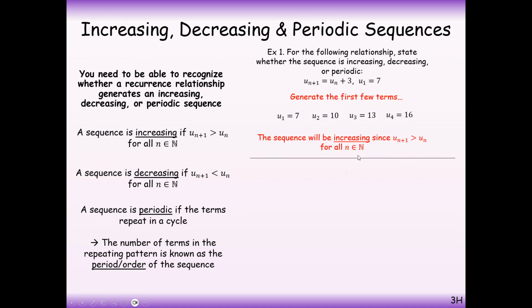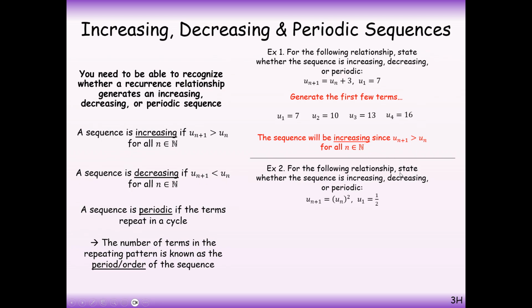Alright, let's look at another example. In this next relation, you have u n squared to give you the next term, and the first term of the sequence is a half. When we substitute a half into the formula, we get a quarter. And then the square of a quarter is 1/16, and so on. What do you think?